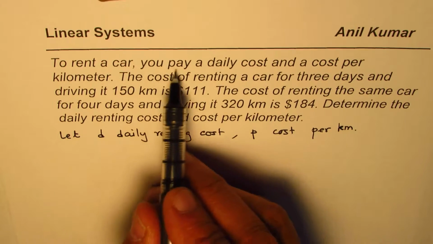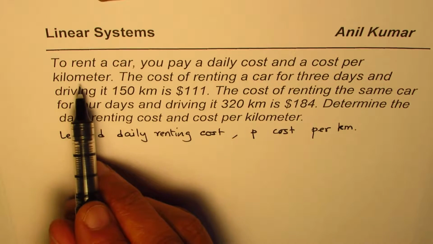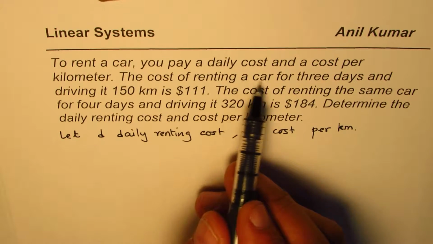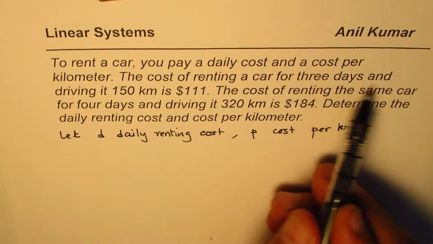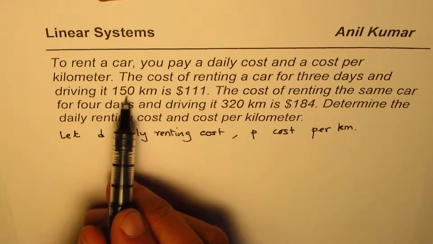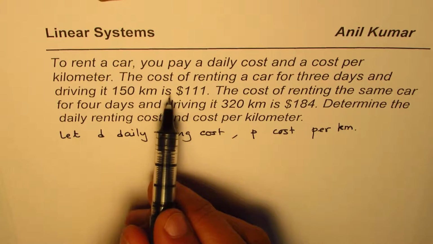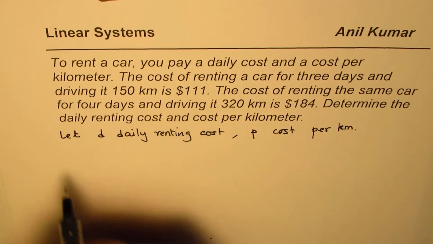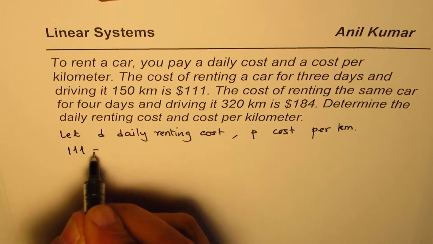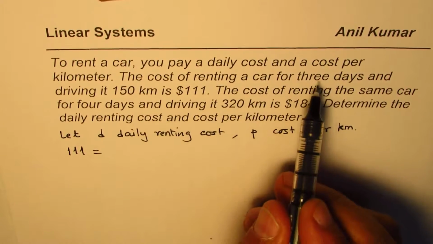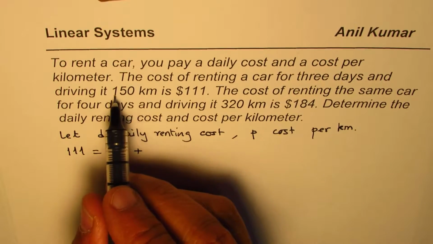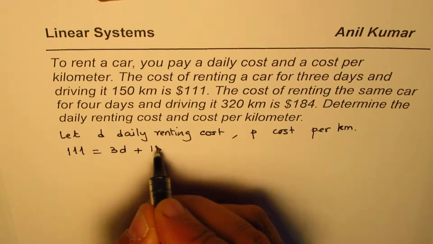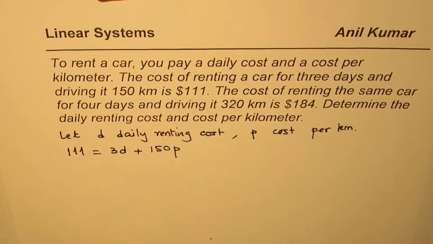To rent a car, you pay a daily cost and a cost per kilometer. The cost of renting a car for 3 days and driving it 150 kilometers is $111. So we can say 111 equals 3D plus 150p, 150 kilometers at p per kilometer.